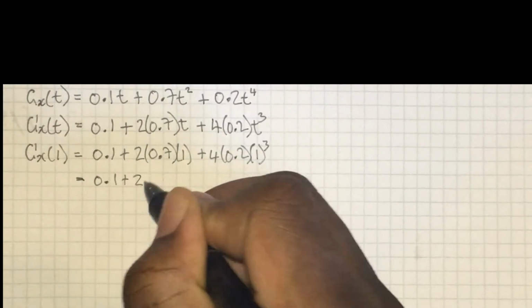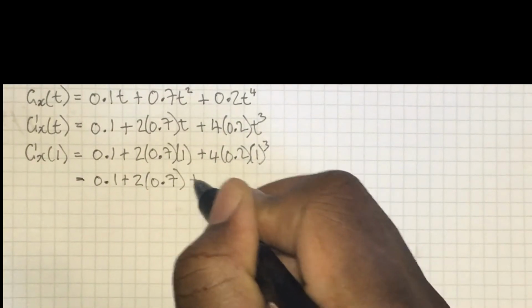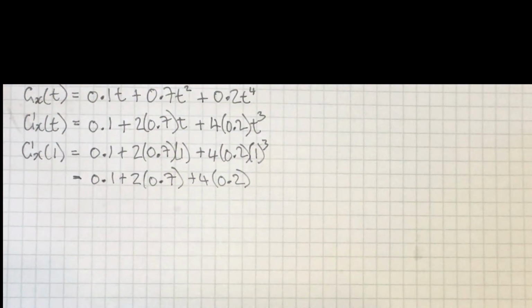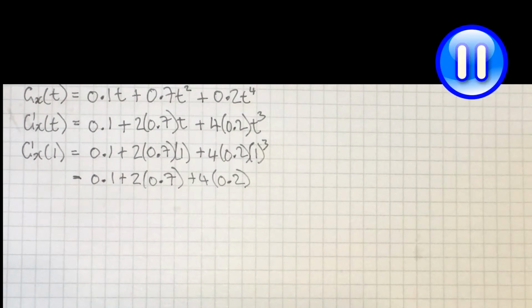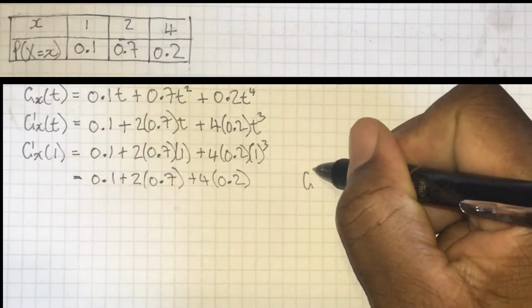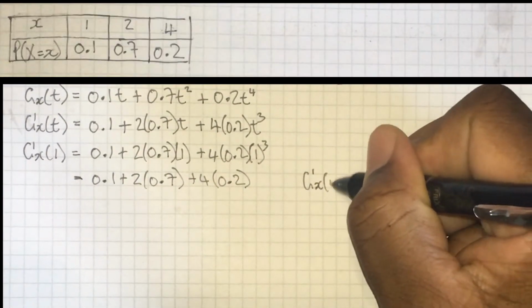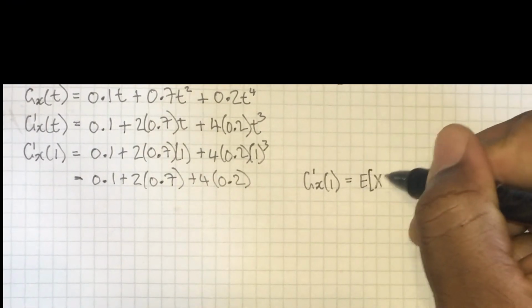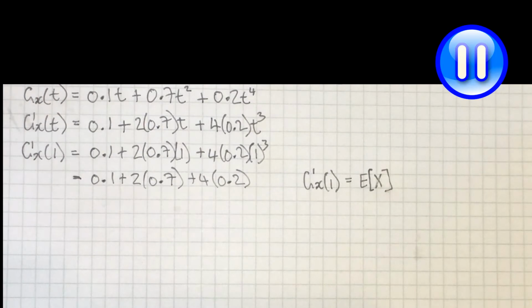This is the expectation of x. We've got 1 times its probability, 2 times its probability, and 4 times its probability. The first derivative of the probability generating function with a 1 substituted gives you the expectation of x.